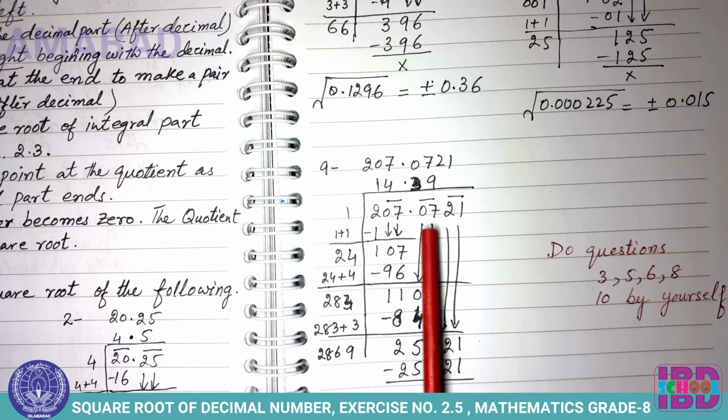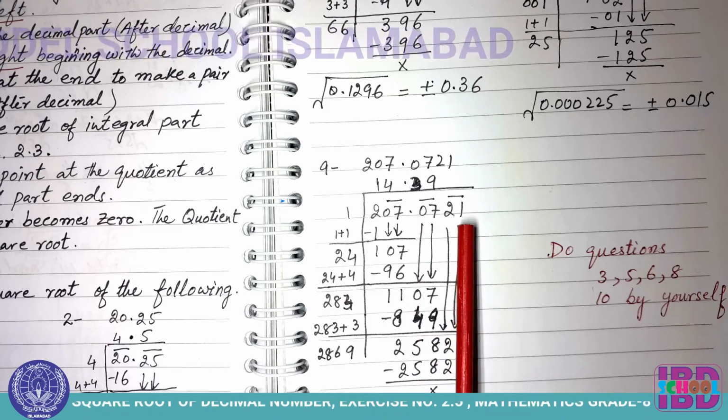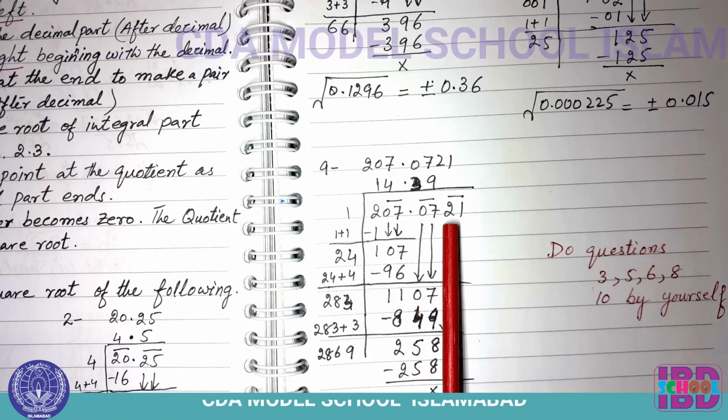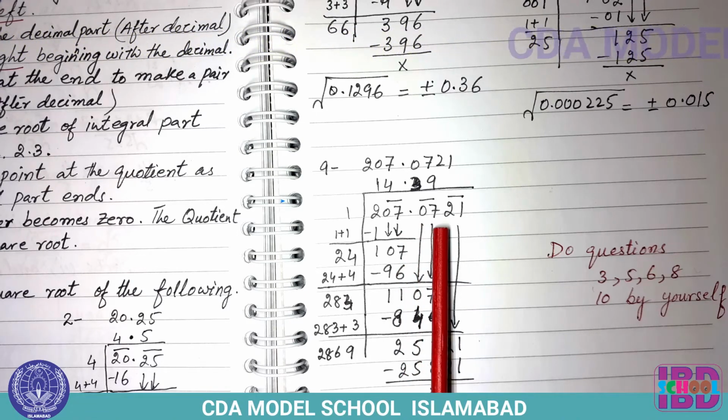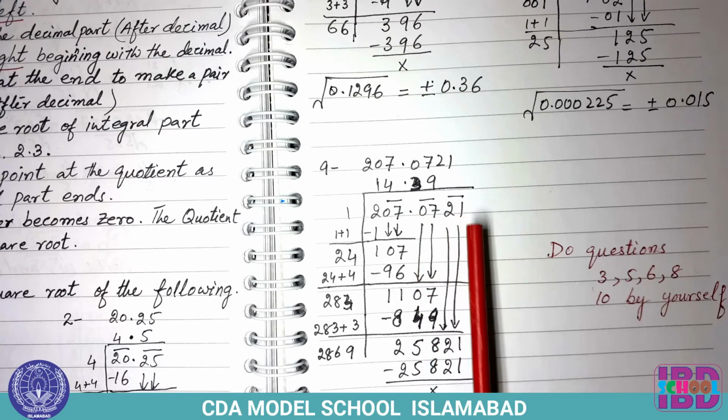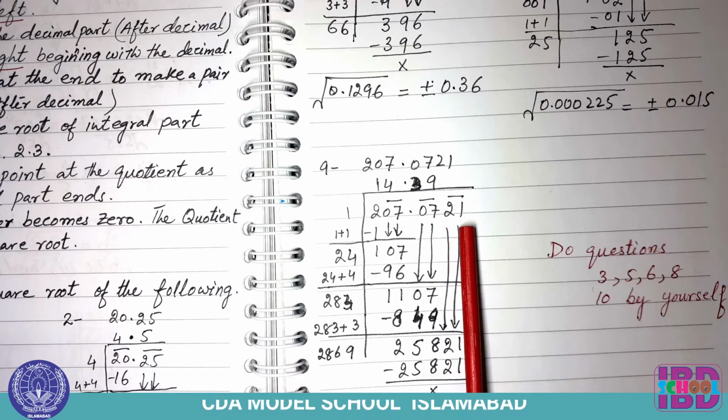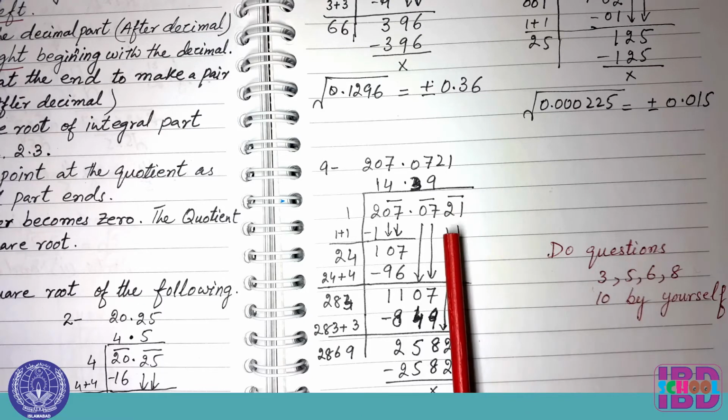And if we go towards the right from the decimal point, 0 and 7 make the first pair, and 2 and 1 make the second pair.